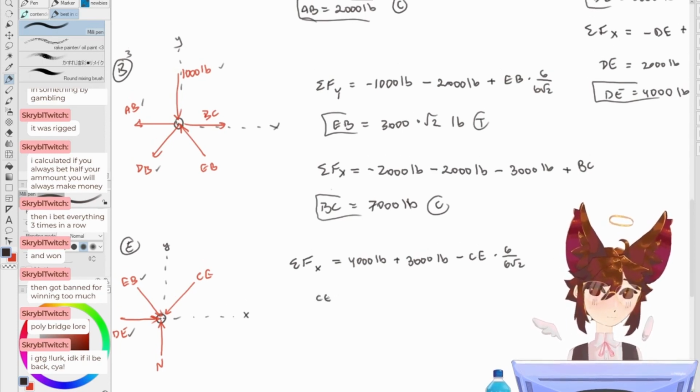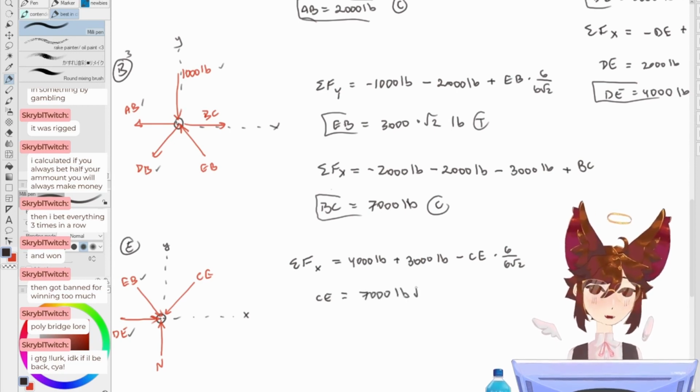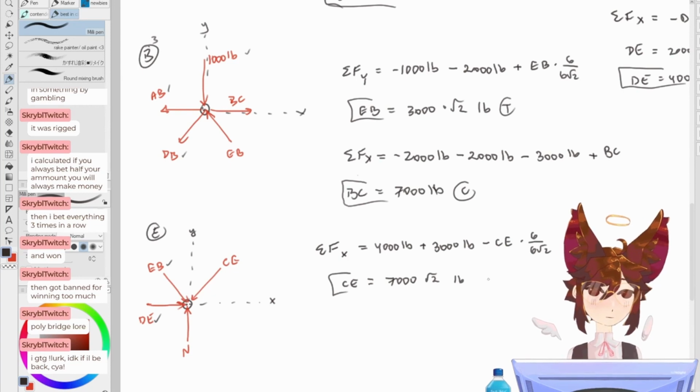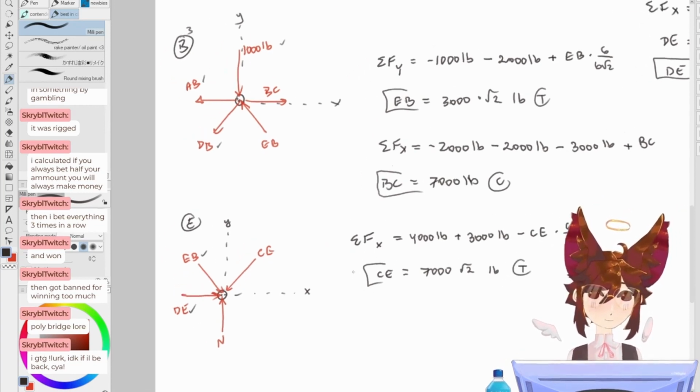So CE equals 7,000 pounds. I was like, this is so nice, everything's working out so well. Oh my gosh. Of course it's not. It's pushing, so it should be getting pulled on. Tension, and then I don't even care about the normal force.